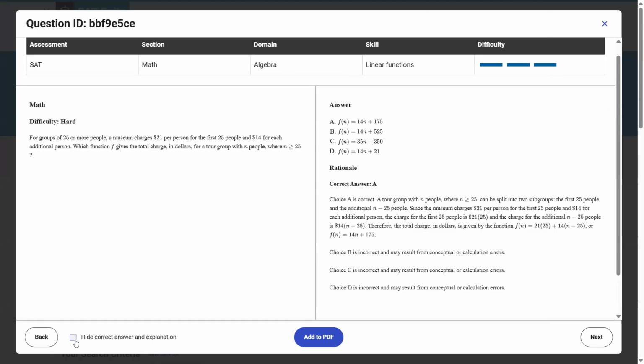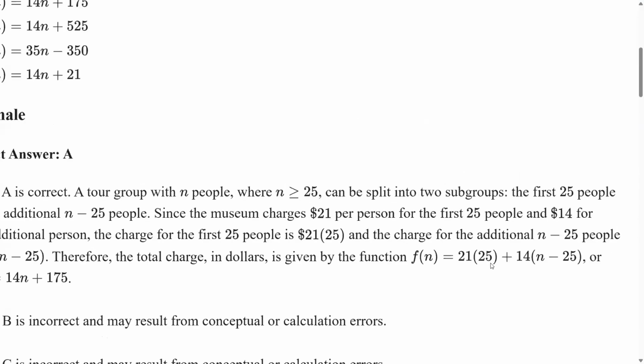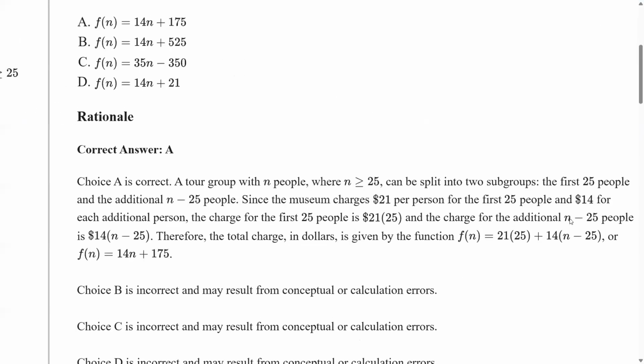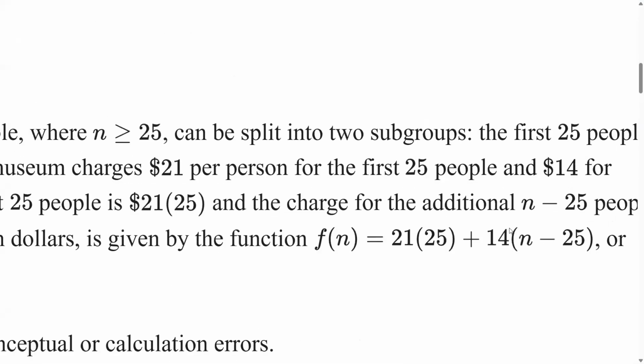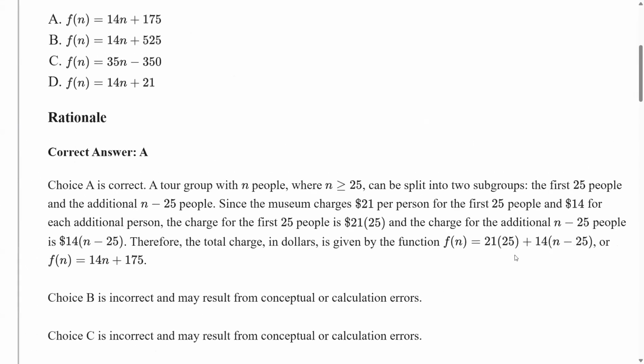Oh, wrong. Yes. Okay, so it will be 21 times 25 people plus 14 times n minus 25.